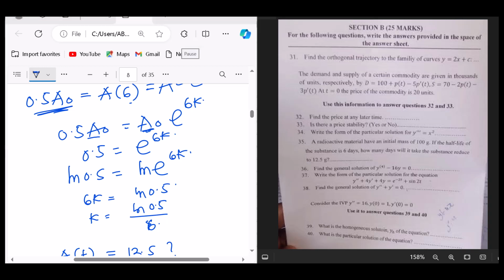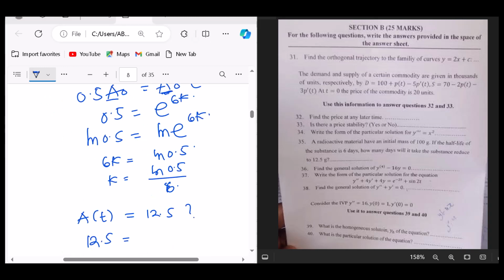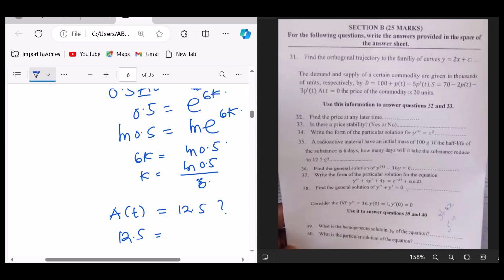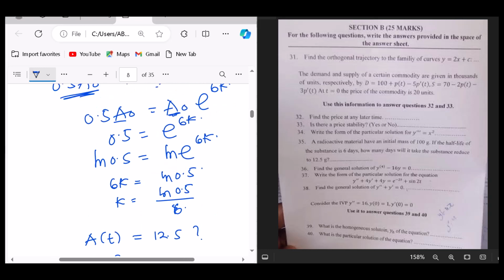It is the same thing. If I even put 100 here and 100 here, this times 100 gives me 50. If I divide through by the 100, I'll still get my 0.5. So it is the same thing.